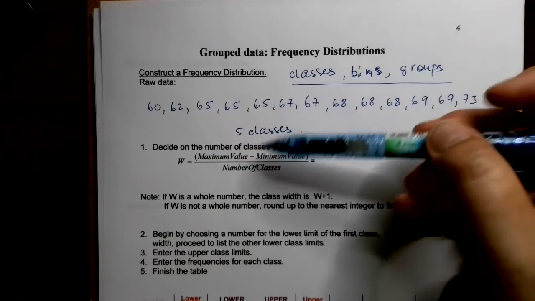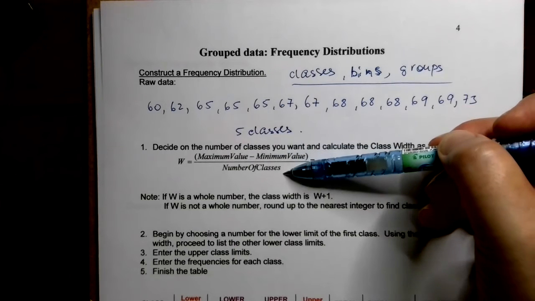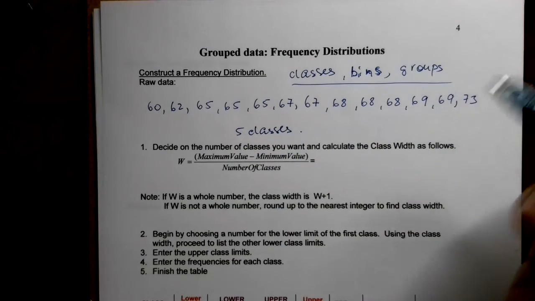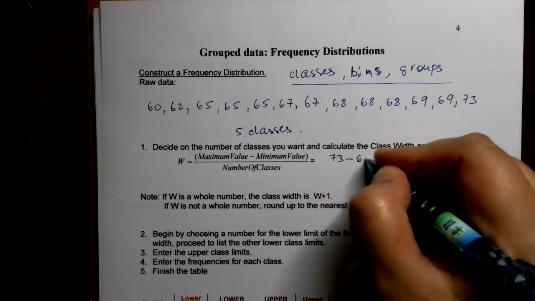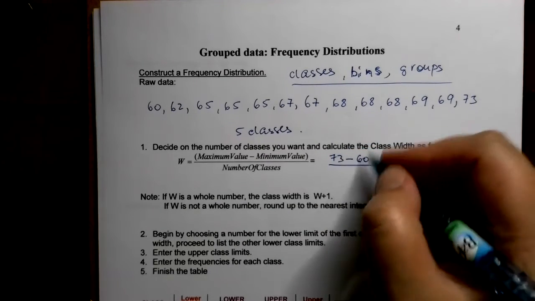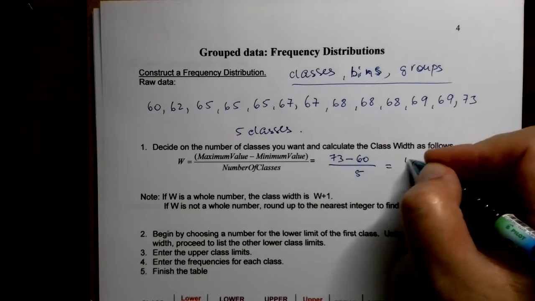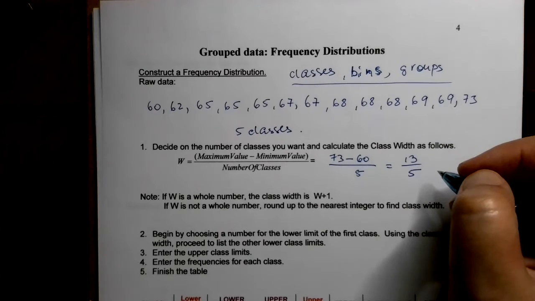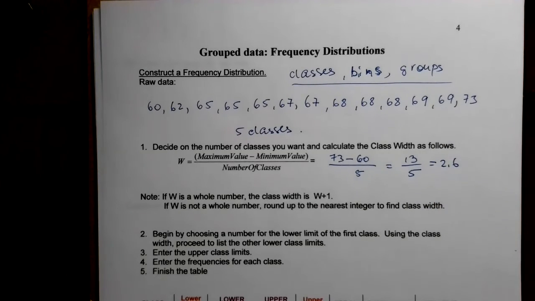The way to figure it out, you take your maximum value, subtract your minimum value, and divide by the number of classes that you want. My maximum value here is 73, and my minimum is 60, and the number of classes is 5. So I'm going to do 13 divided by 5, and that gives me 2.6.